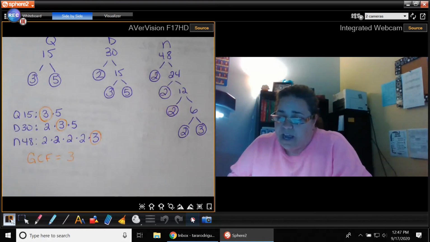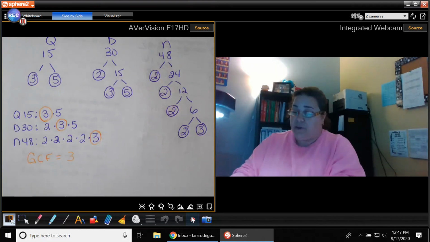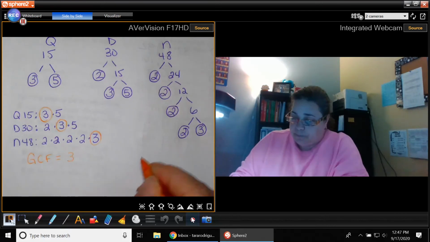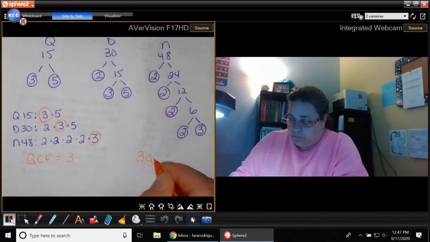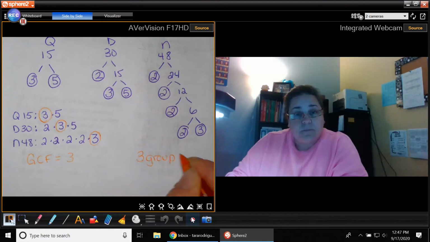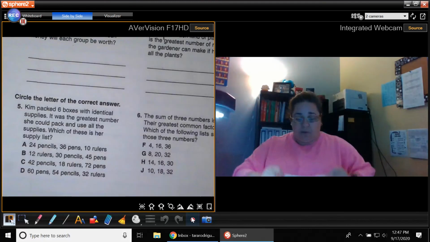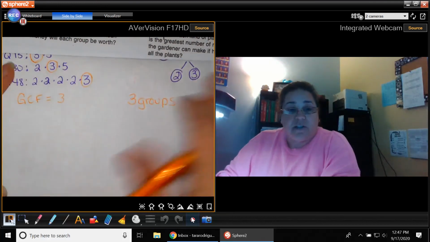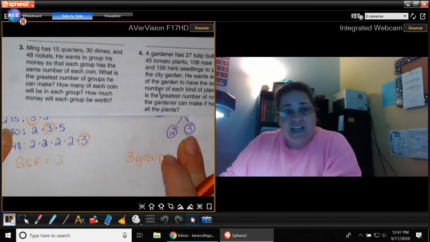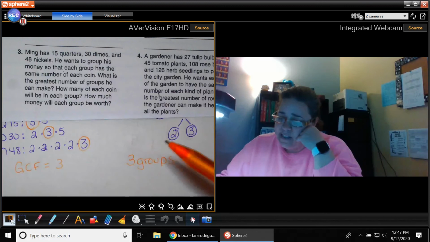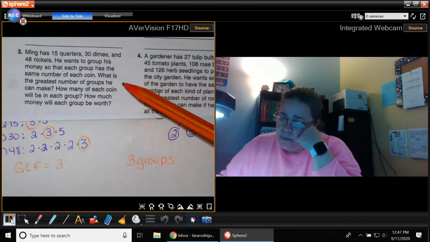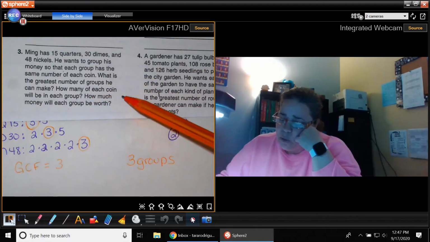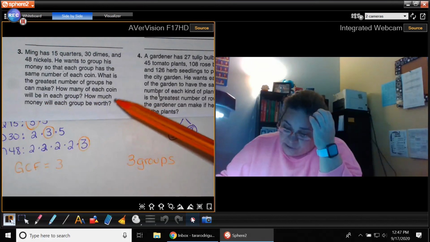So remember, they wanted to group the money. How many groups can we have? We can have 3 groups. And then I'm going to fold this for a second so that we can see the question better. Okay, so I've got 3 groups. And then it says how many of each coin will be in each group.